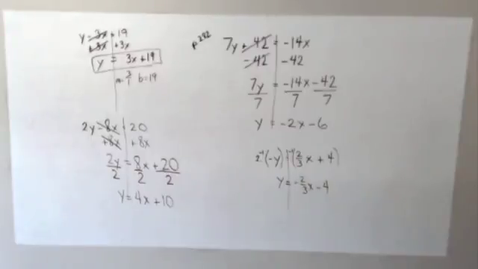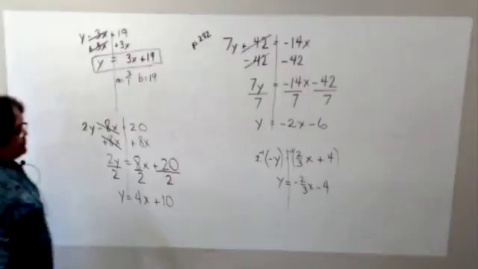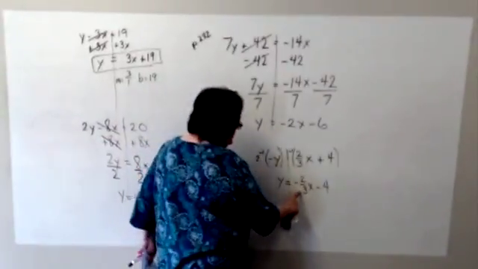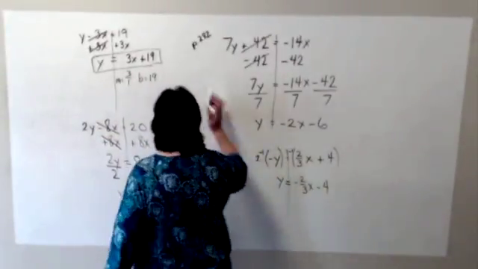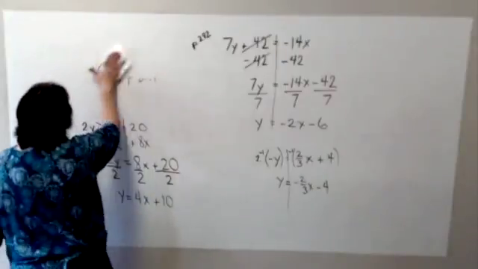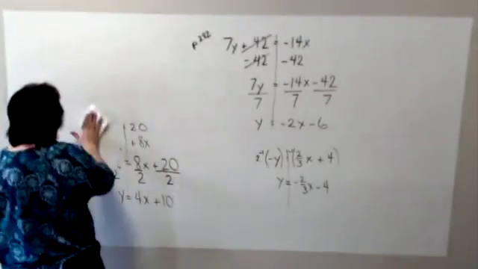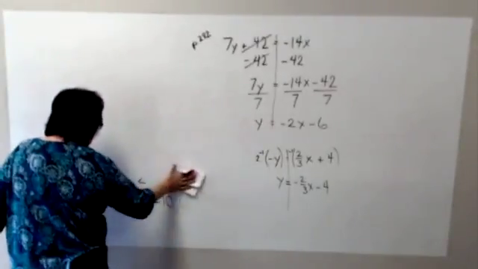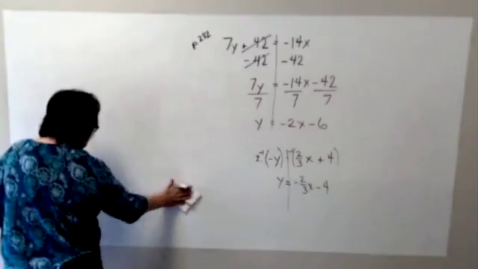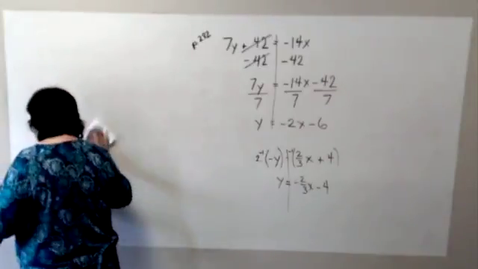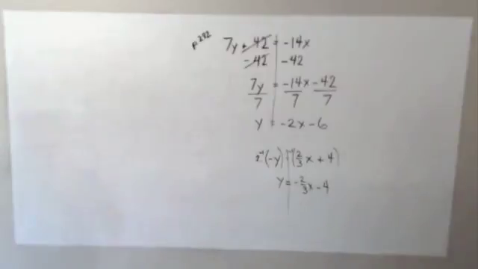Your y-intercept is -4. And then from that point on your y-axis, from -4, you count down 2 and forward 3.